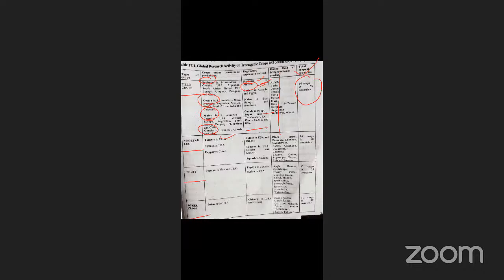Total number of crops, I did not see the current number of transgenic plants. I request you to please search in Google how many transgenic plants there are so far. Apart from these, the vegetables also given are tomato, squash, pepper, and potato, approved by USA and Canada. 16 crops in 50 countries.